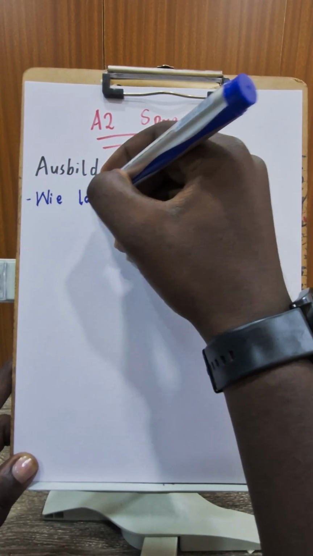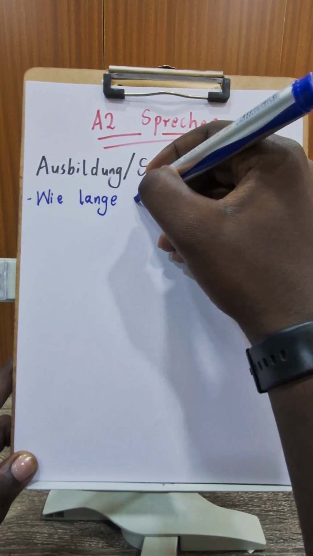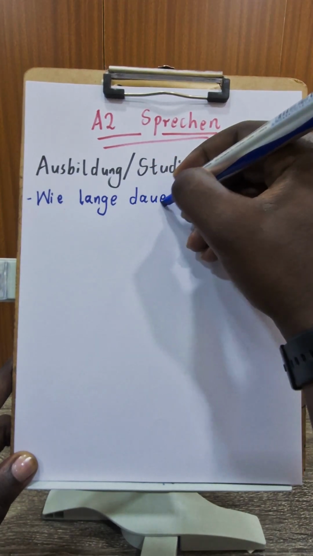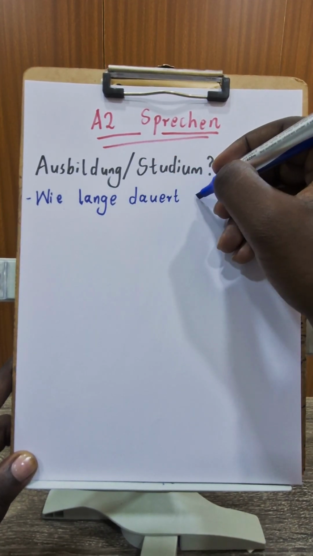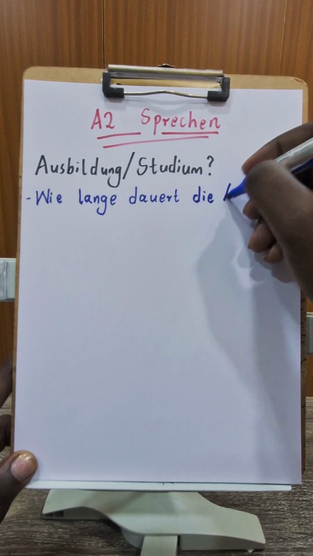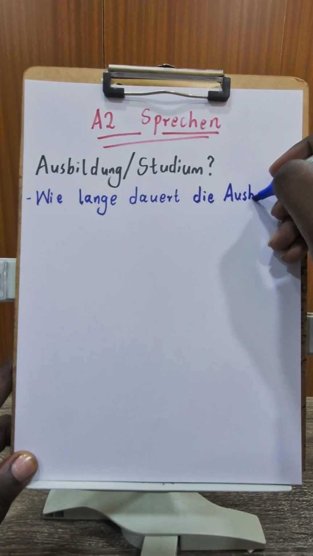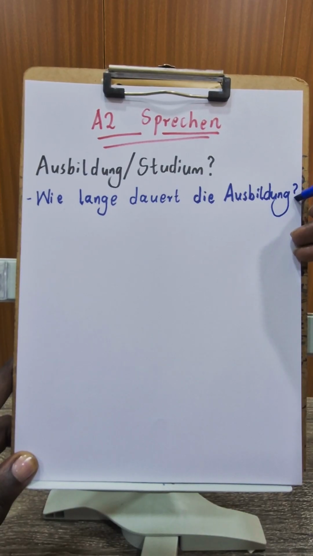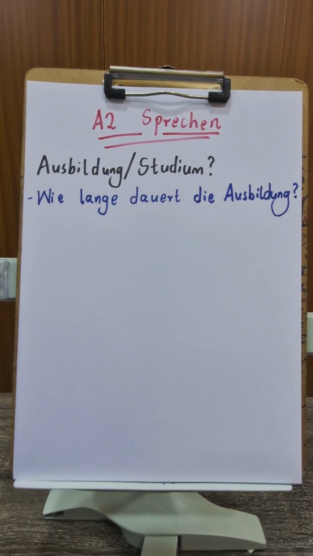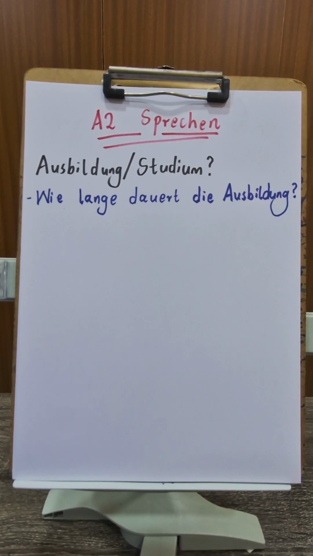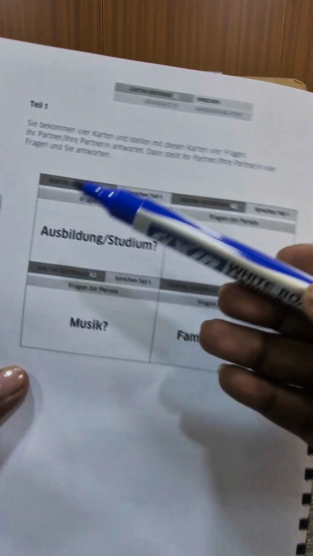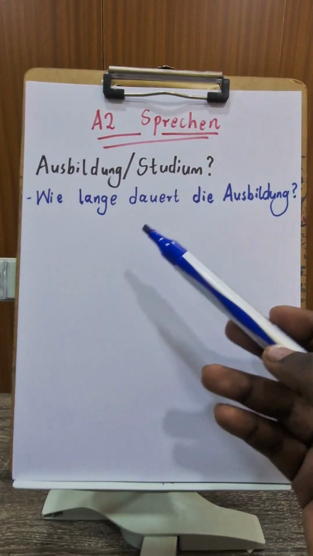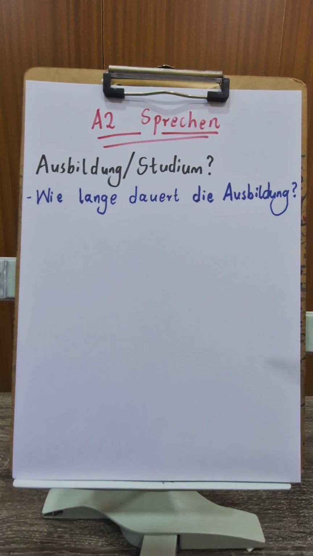So the first question you could ask your partner is, wie lange dauert die Ausbildung? Sometimes you could see Ausbildung joined with other words, Ausbildungskurs, Ausbildungsprogramm, and so on. So the first possible question with Ausbildung is, wie lange dauert die Ausbildung?